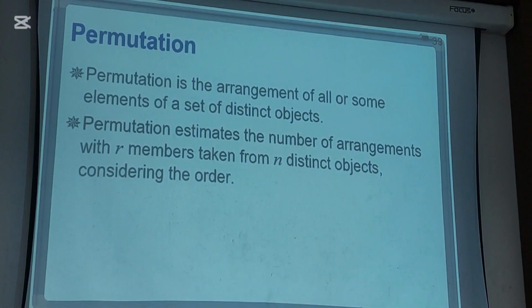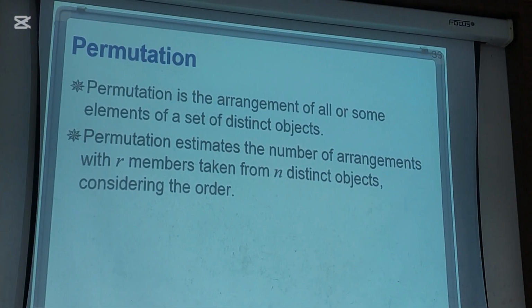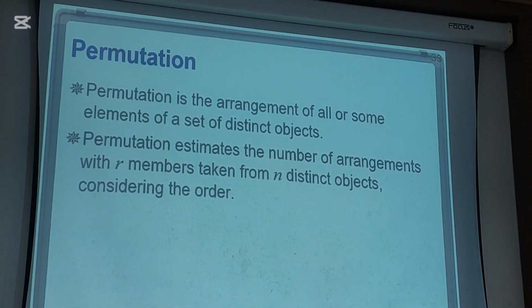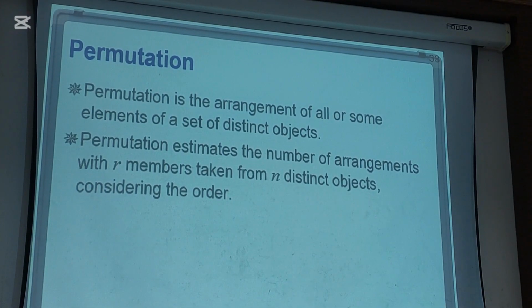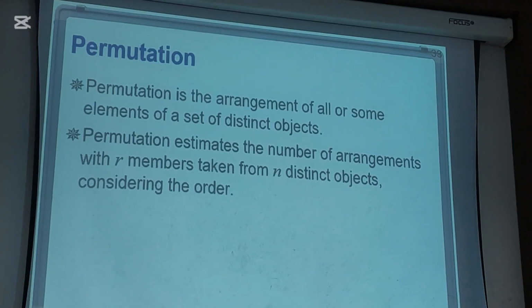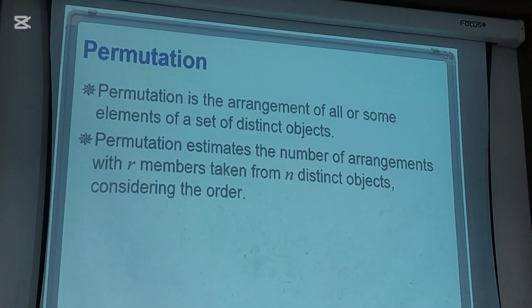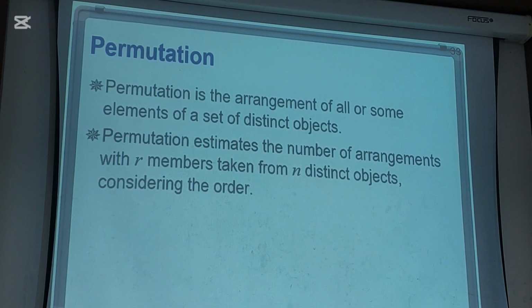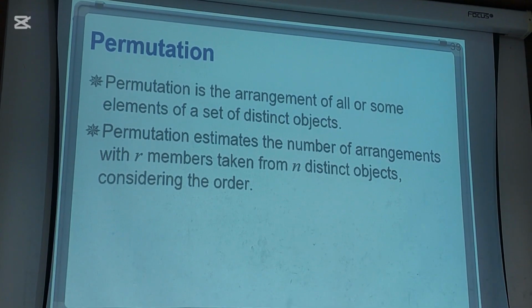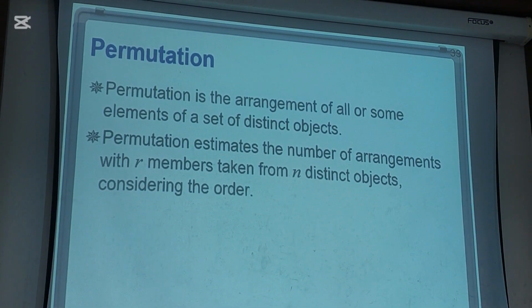Okay. Permutation is the arrangement of all or some of the elements of a set of distinct objects. So permutation estimates the number of placements with r members taken from n distinct objects, considering the order.